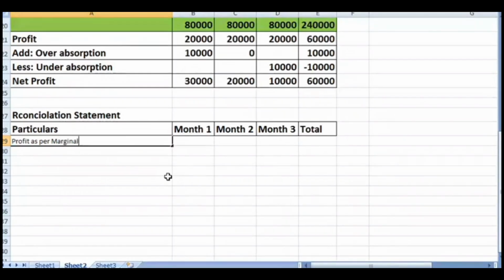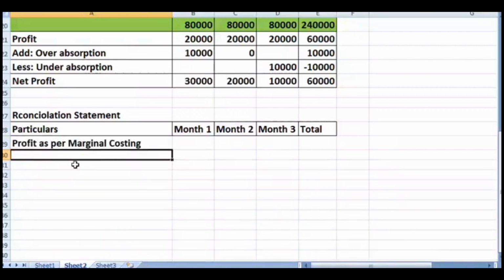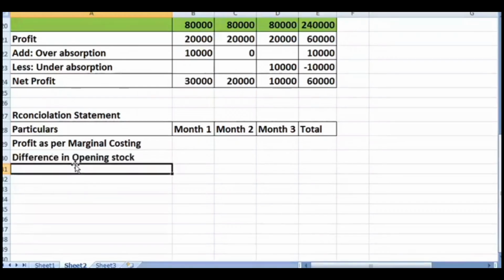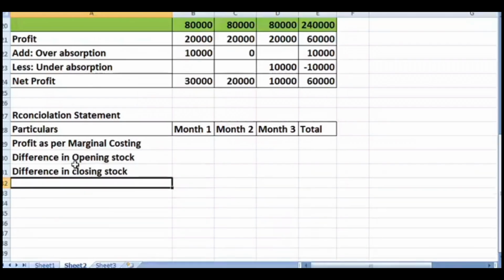We will write the profit of marginal costing. Then difference in opening stock, then difference in closing stock, then profit as per absorption costing.